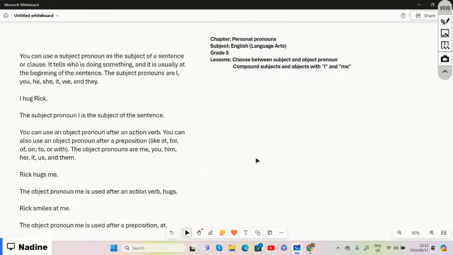All right. And if we look at an example, we say Rick hugs me. So it's not I being the subject and doing the action; someone does the action to him. Like saying, Rick smiles at me. Someone smiled at him.